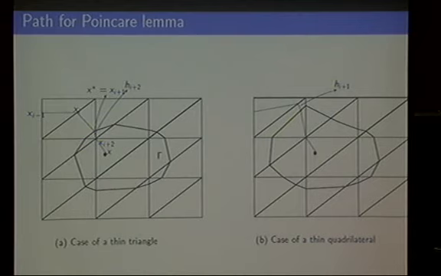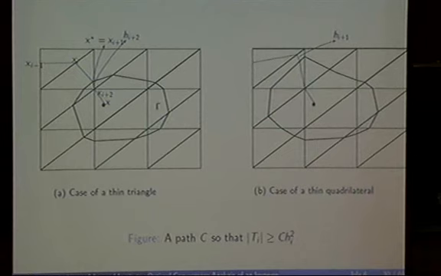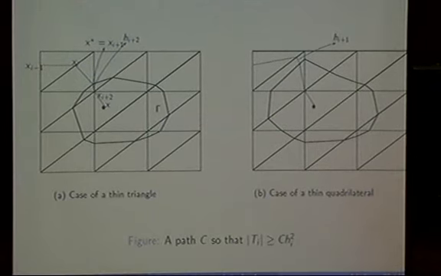So anyway, you need to prove a Poincare inequality. That's one trick to prove the error analysis. So there's a path to choose for the Poincare lemma, and we have to consider all different shapes of grid.